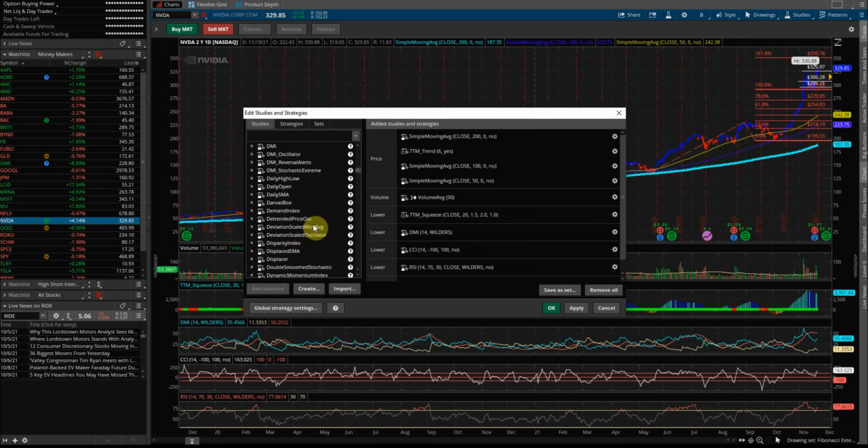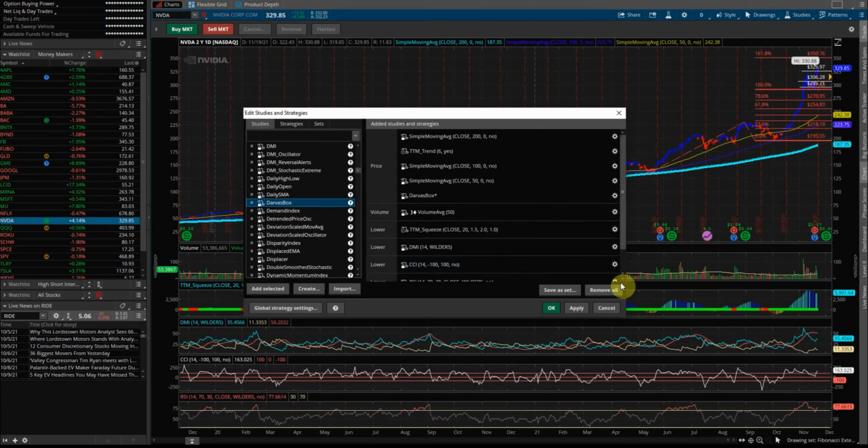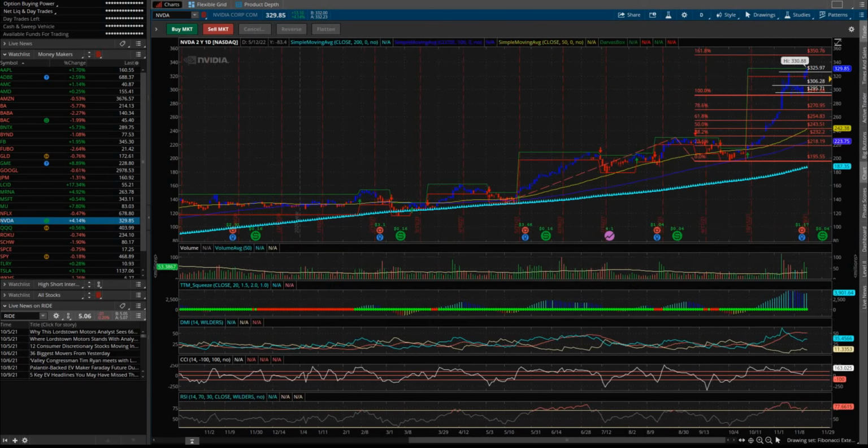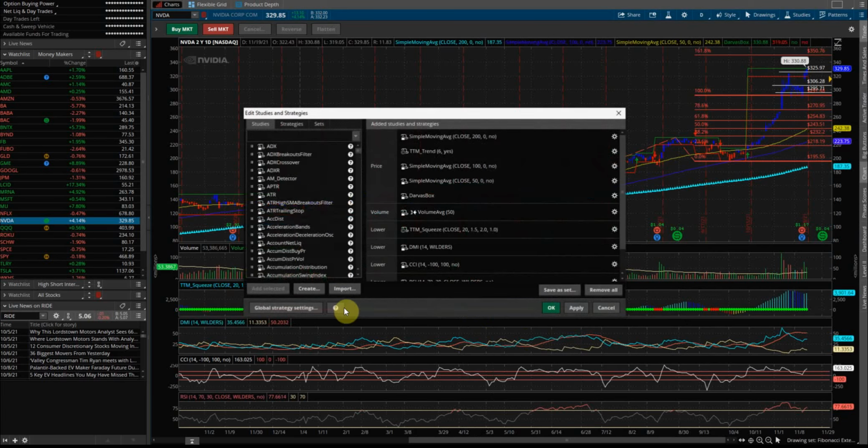Probably even more. Darvas Box, I didn't know that was a thing. That's actually really cool. Oh yeah, that is cool. Kind of makes its own Darvas boxes. Okay, so displacer, Elliott oscillator, Elliott bands and stuff like that. That's very popular.